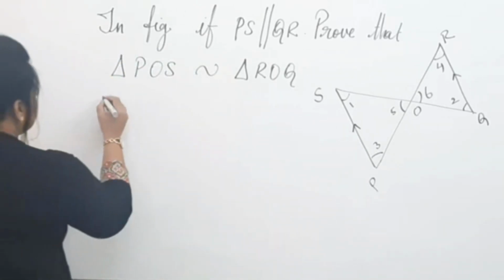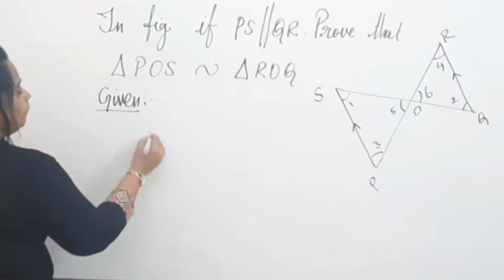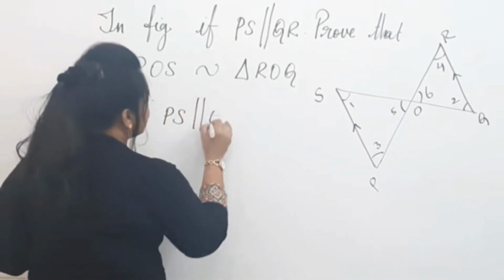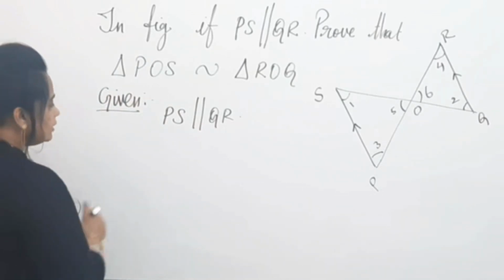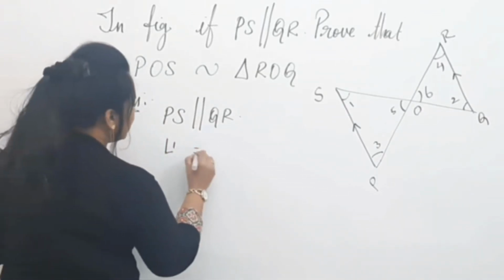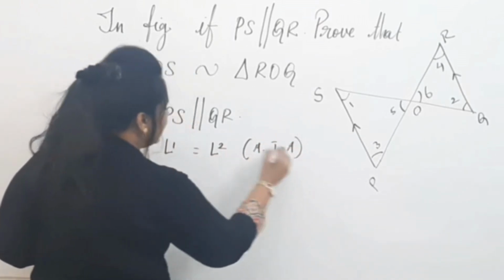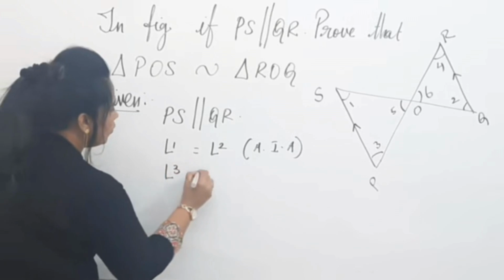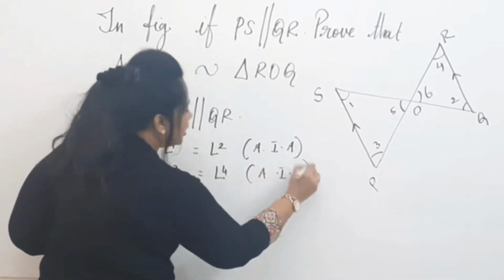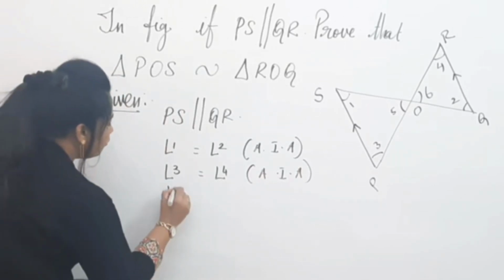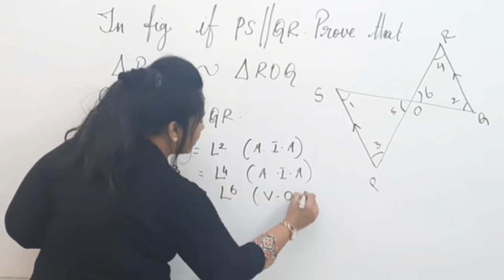So we write it. It is given PS is parallel to QR. So I can write angle 1 is equal to angle 2 because alternate interior angles, and angle 3 is equal to angle 4, that's also alternate interior angles which are equal, and angle 5 is equal to angle 6, because they are vertically opposite angles.